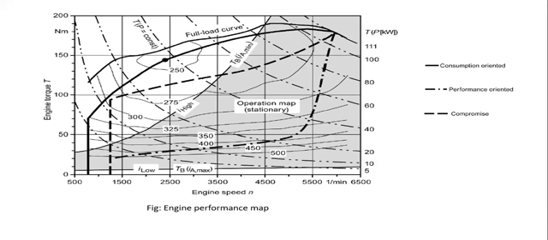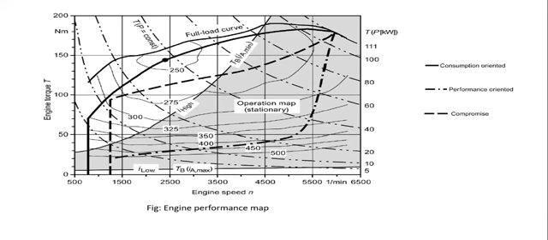The actual consumption oriented line is shown in the dark, thick black line, and the performance curve is shown in the middle one, the dashed line, and the expected curve is shown at the bottom.